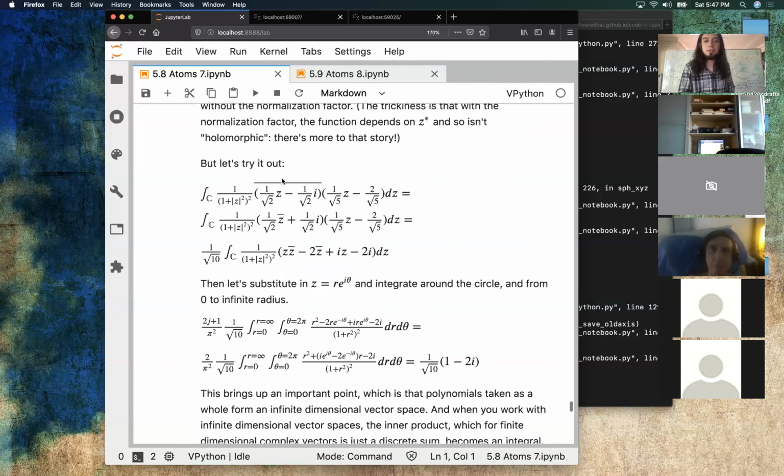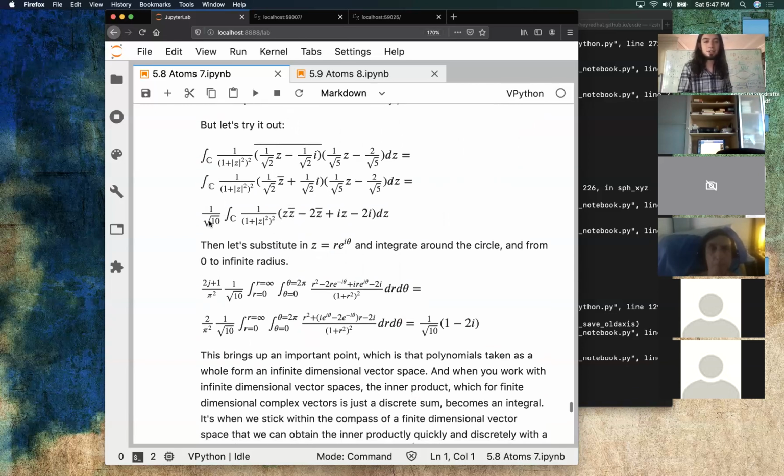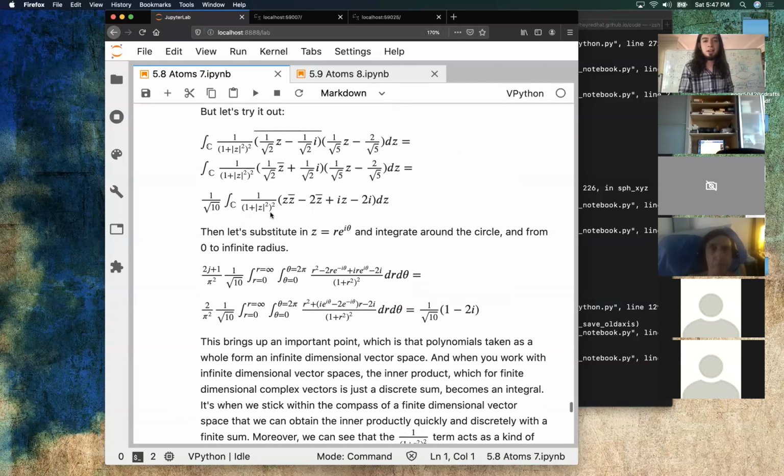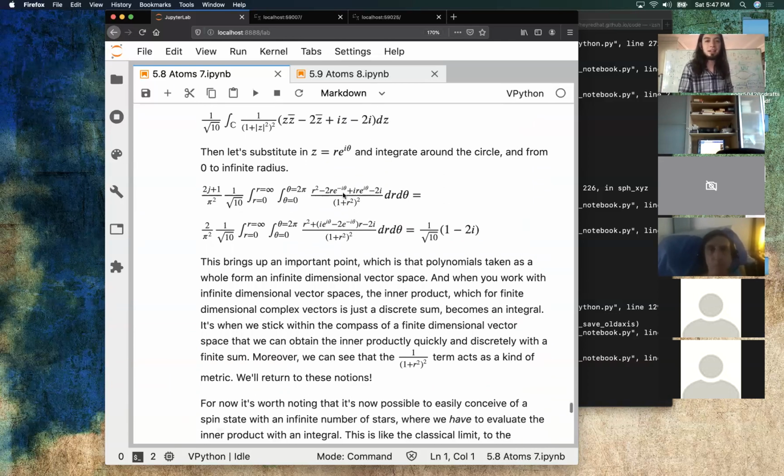And sussing this out here, we distribute out this little conjugate operation, take out a factor of 1 over square root of 10, we get this. And then to actually take this integral, we have to express z as r e to the i theta. So we substitute that in, and as is usual in these cases, in order to get the right normalization, you have to multiply it by 2j plus 1 over, in this case, pi squared.